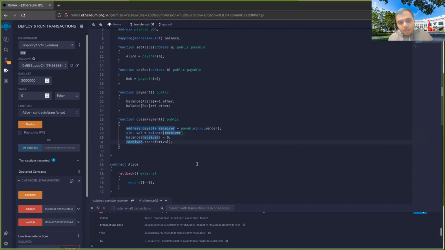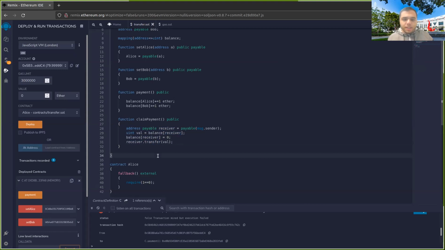Okay, so this is usually how we would pay, and actually it's also possible to use call here. It's more recommended in general to use call instead of transfer, but this works fine as well. So the thing that I want you to really make sure when you're writing smart contracts is that you keep track of the differences between transfer and send and call, and especially be careful that transfer can throw errors, can throw exceptions, and these exceptions can revert the entire function that you're in.